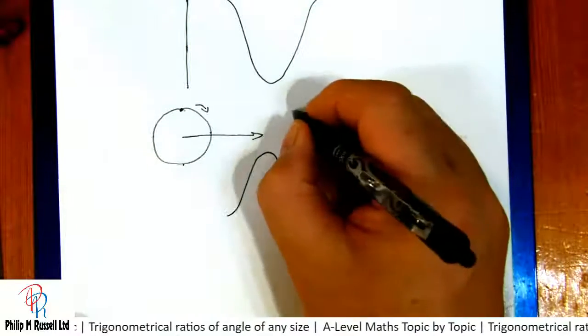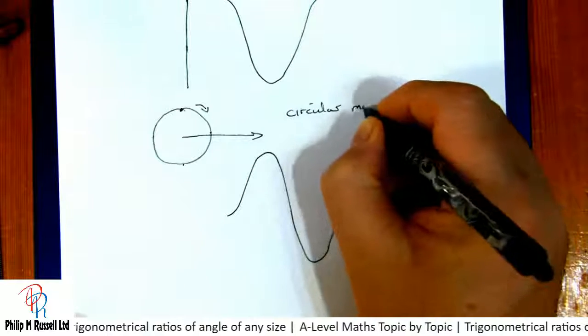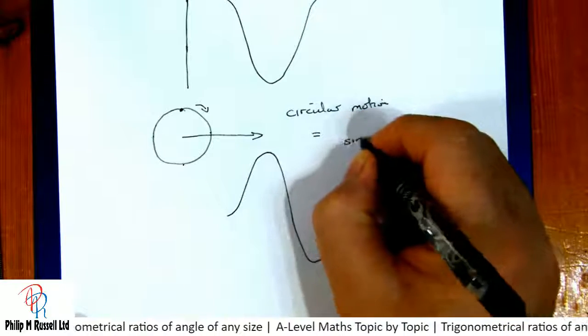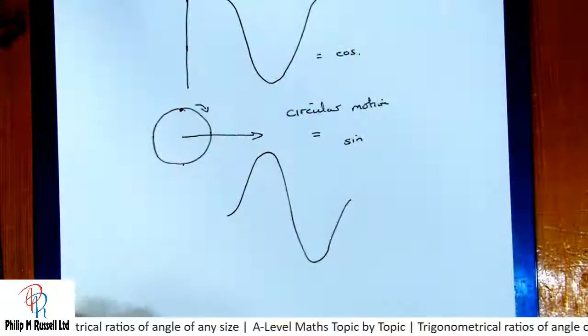So we can convert circular motion into either the sine or the cosine.